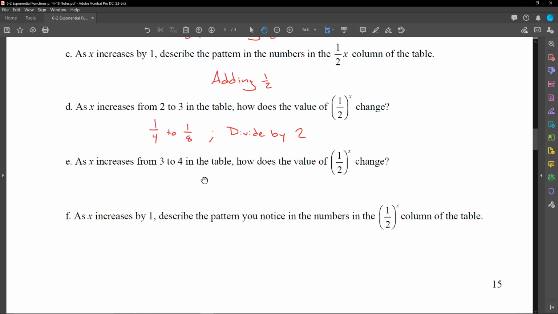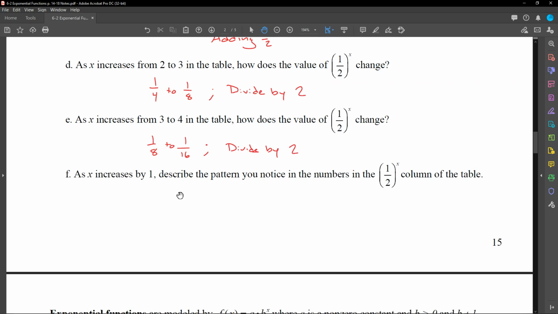As x increases from 3 to 4, we go from 1/8 to, well, g of 4 is 1/2 to the fourth, or 1/16. And again, we are dividing by 2. So then the rule is, as x increases by 1 for 1/2 to the x, the pattern is we divide by 2.